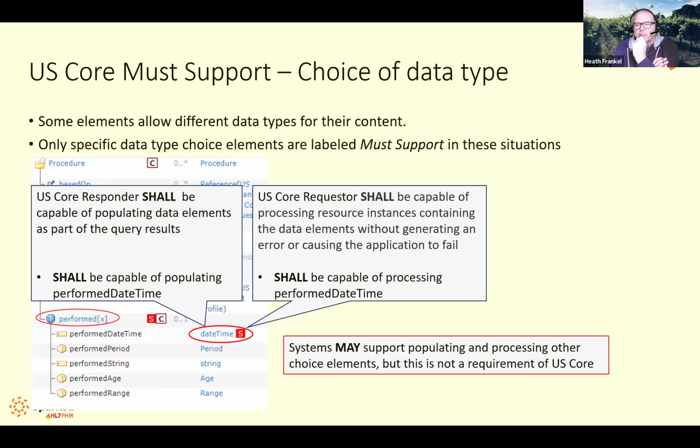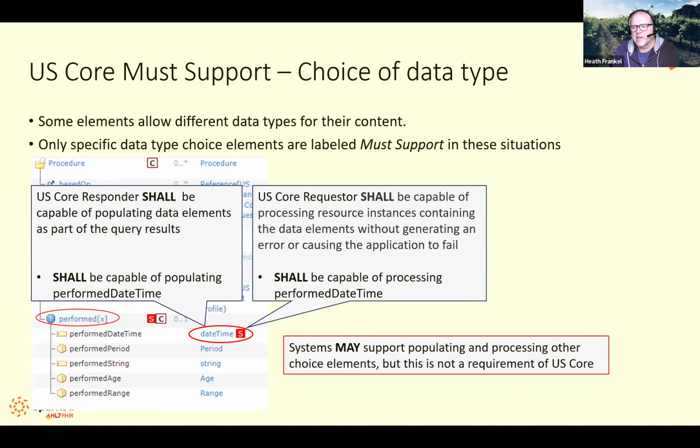So I'll very quickly point back to what US Core is doing, and that they're basically saying out of these 5, US Core is only really making it a requirement for you to support date time from a responder and a requester's perspective. And I think that's what we would like to try and do as well, but tighten up the "may" part that's in their specification.